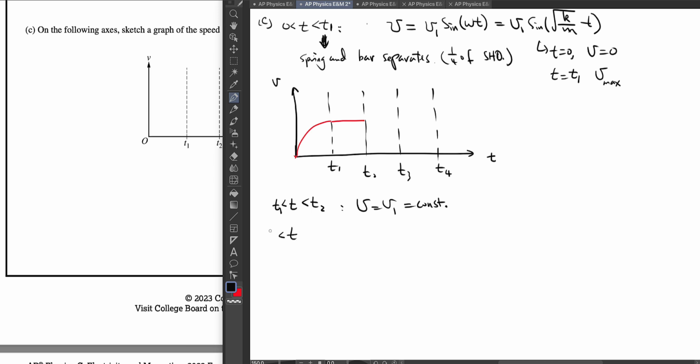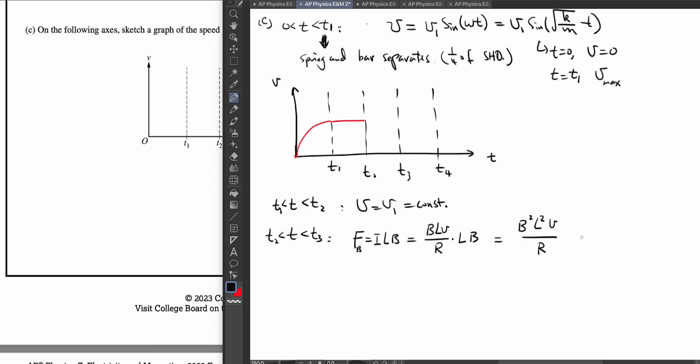Between t2 and t3, the force acting on the metal bar is ILB, and I we know is BLV over R, the resistance R. So we have B squared L squared V over R.